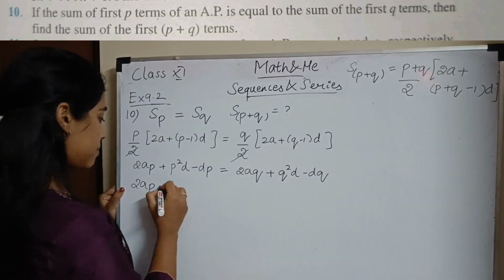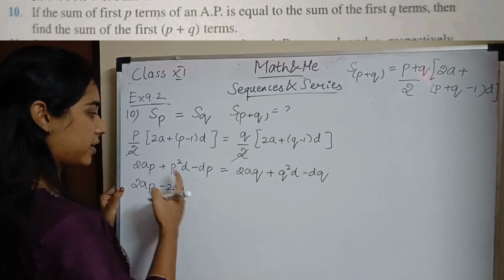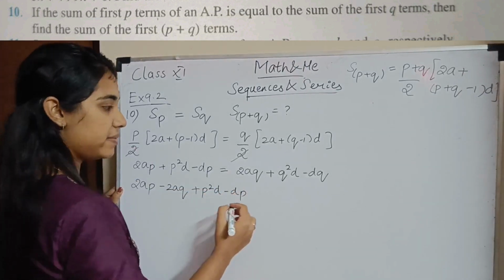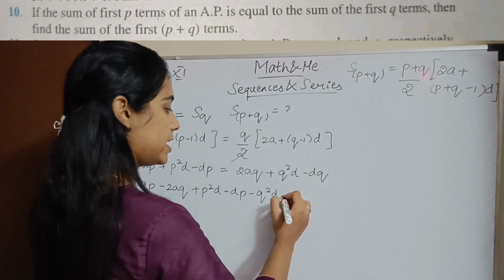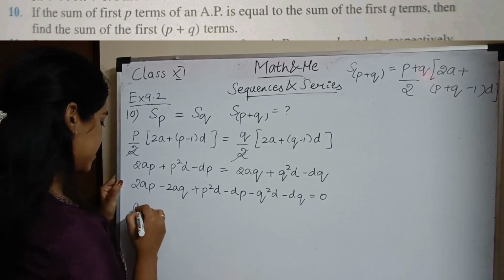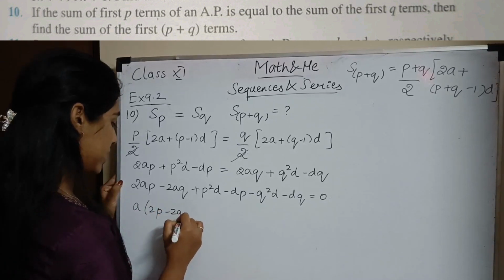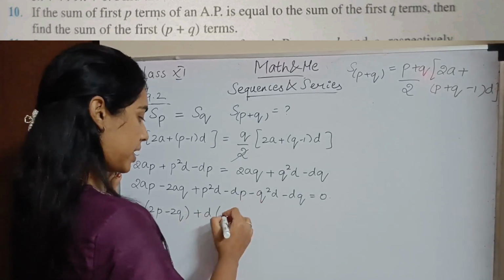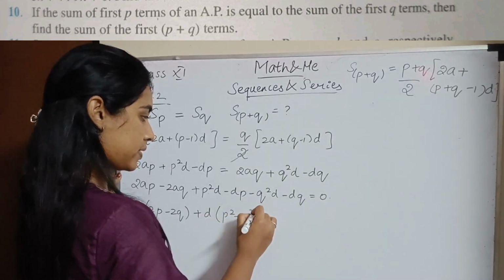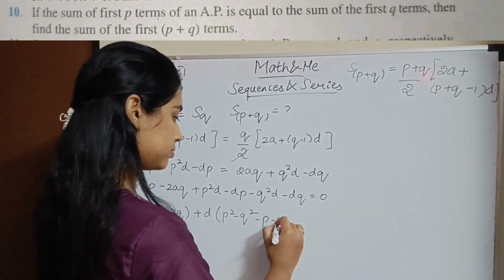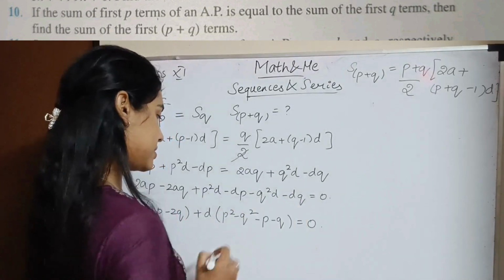2AP minus 2AQ, I'm bringing this to this side, plus P square D minus DP minus Q square D minus DQ equals 0. A outside, A times (2P minus 2Q) plus D times, what do I have? (P square minus Q square) minus P minus Q equals 0.